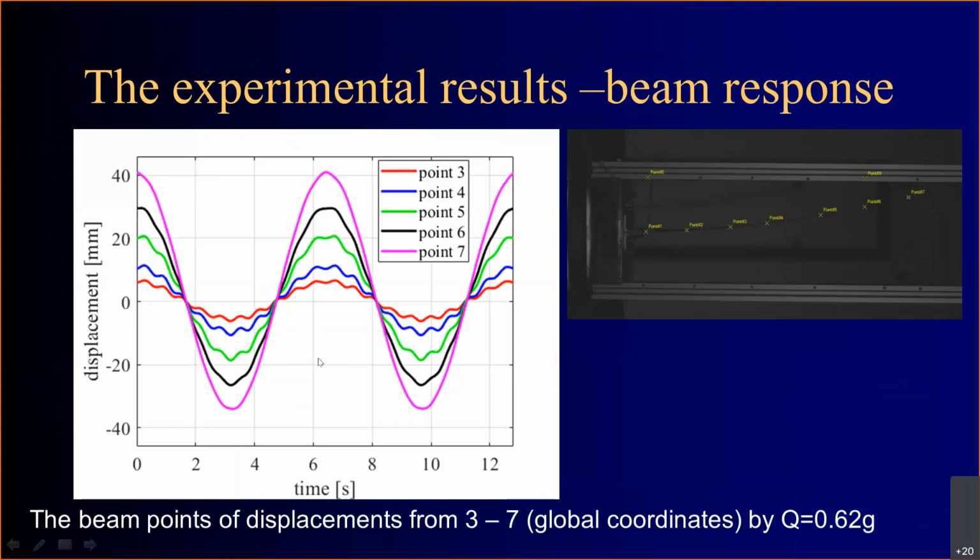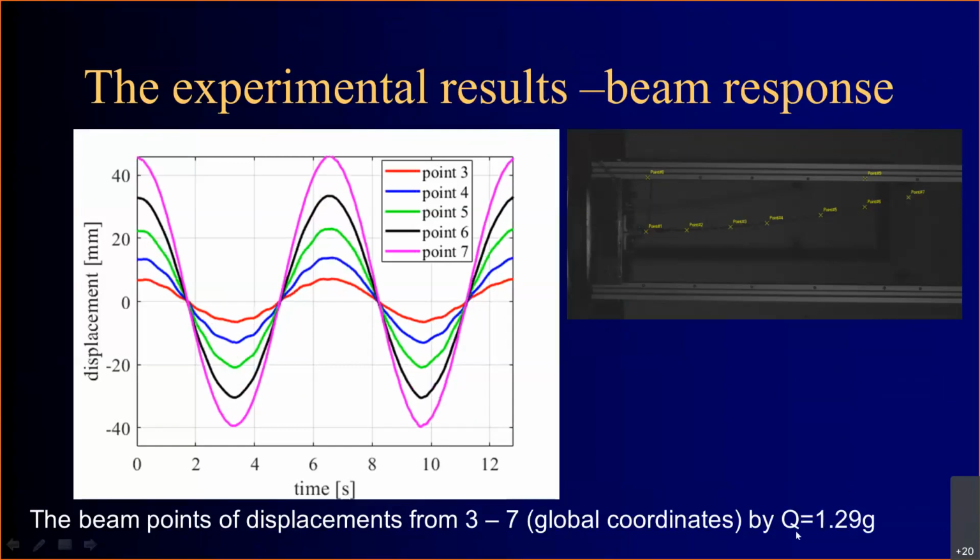How the system behaves: here we've got the beam point displacements shown in global coordinates, and the excitation is given here as Q equals 0.62 G. That level gives no impacts, and we can see some disturbances in this case when the beam vibrates, even if there is no impact.